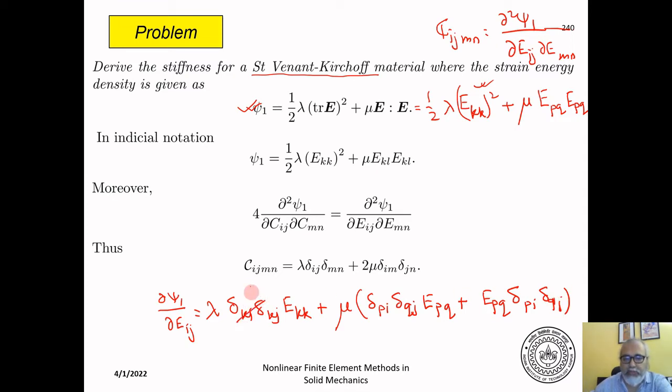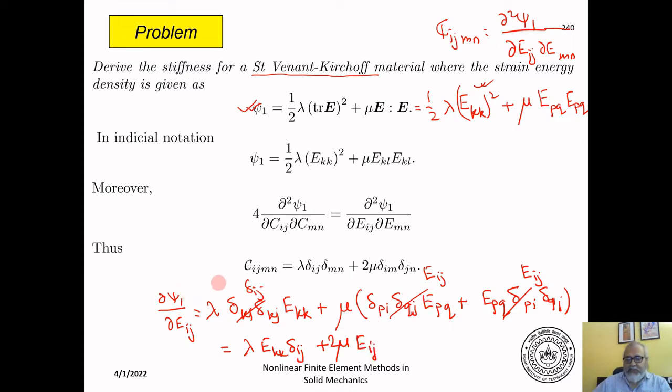So this becomes delta ij, this becomes Eij, this becomes Eij as well. So I'm finally left with lambda Ekk delta ij plus 2 mu times Eij.